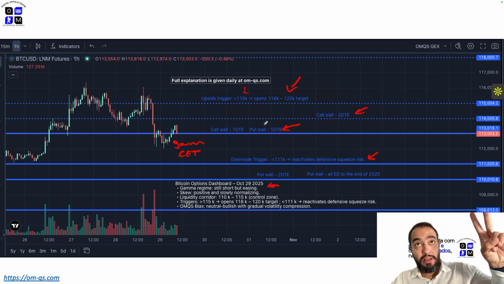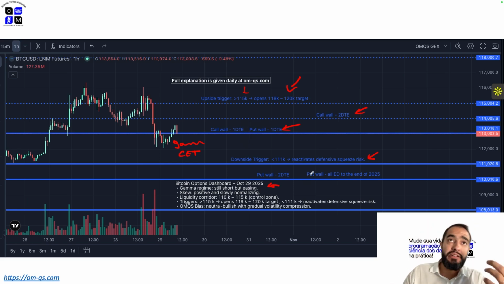We have for the next day, 1 day to expiration, so we're speaking about the 30th of October, the call and put walls for 1 day to expiration at the same level of 113. So what's the point here? The point is likely that we are going to be flirting with that level, mainly for the day, eventually visiting 114, expecting some resistance over here.